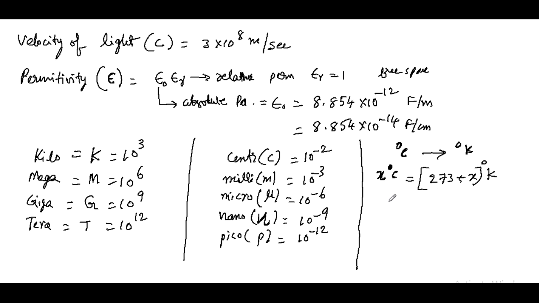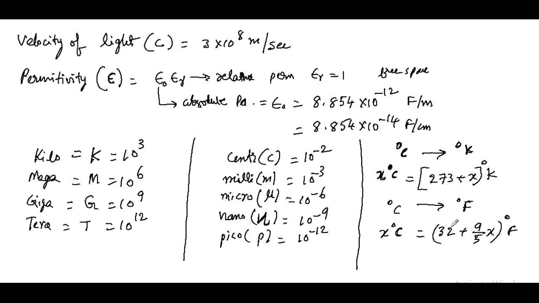Similarly, if you want to convert centigrade or Celsius to Fahrenheit, we have to use another formula. The temperature is defined like this: x degree Celsius is equal to 32 plus 9 by 5 x degree Fahrenheit.